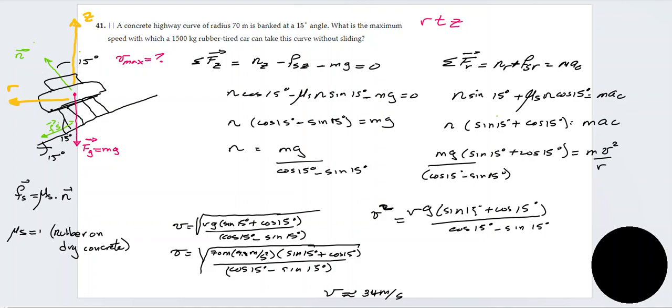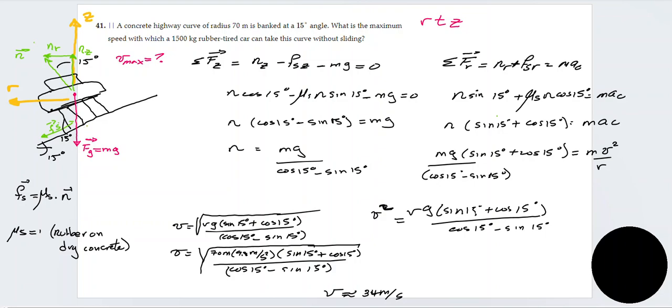So we are now going to represent the component of the normal force on the z-axis, which is this one, and another component, the component of the normal force on the radial axis, which is this N_r. So we have N_z, which is the component on the z-axis of the normal force, and N_r, which is the component of the normal force on the radial axis.